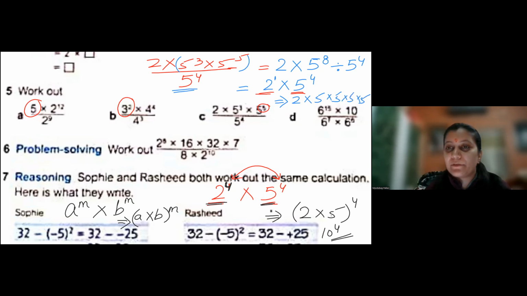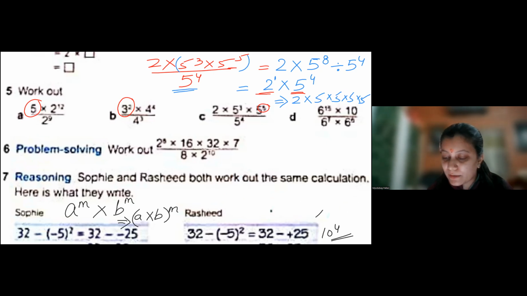Like 5 into 5 into 5 into 5 multiplied by 2. Getting or not? Yeah. So just remember this thing, that in order to solve the powers together, the bases should be the same. And if the bases are different but powers are same, then we can apply this law.